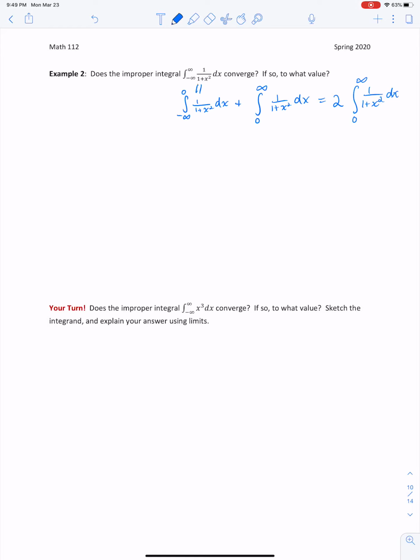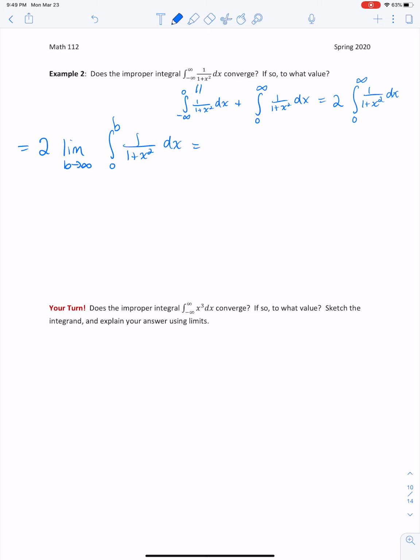So let's do that. 2 times the integral from 0 to infinity of 1 over 1 plus x squared is just 2 times the limit, as b goes to infinity, of the integral from 0 to b of 1 over 1 plus x squared dx.